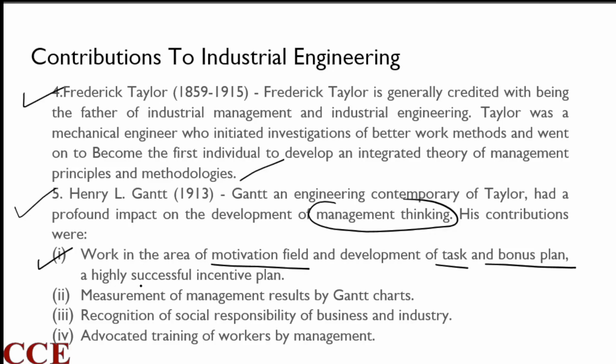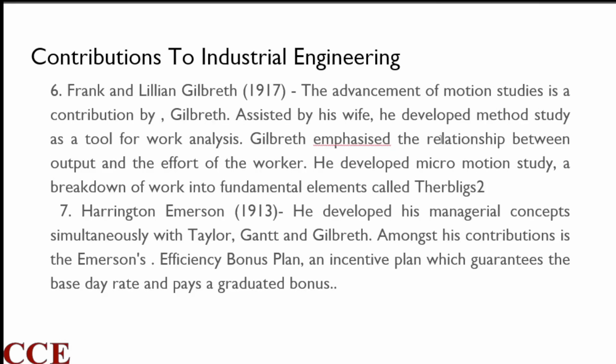Also, he devised a successful incentive plan, measurement of management results by Gantt chart, and recognition of social responsibility of business and industry. Before that, this part was missing. And last one is he advocated the training of workers by management. So management was held responsible for the training of the workers.